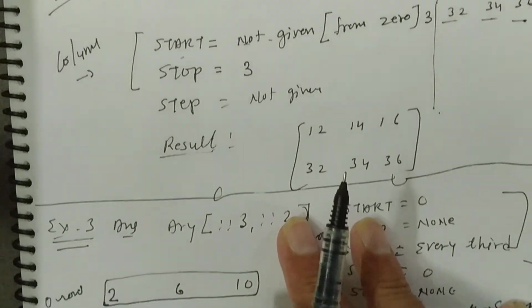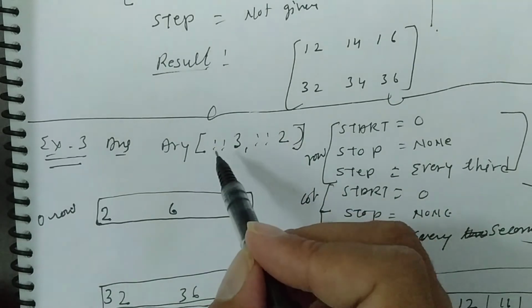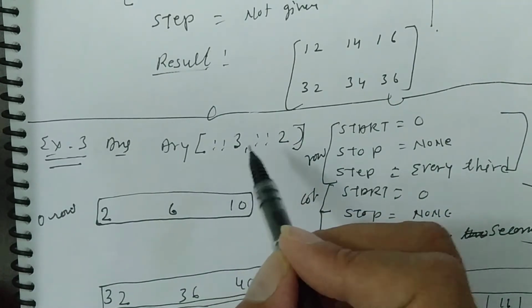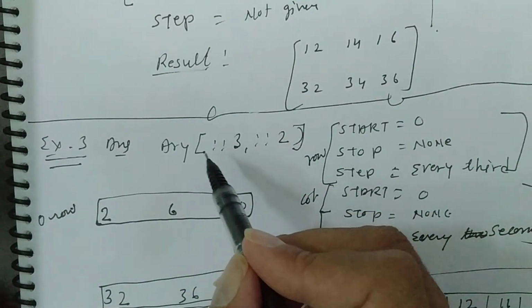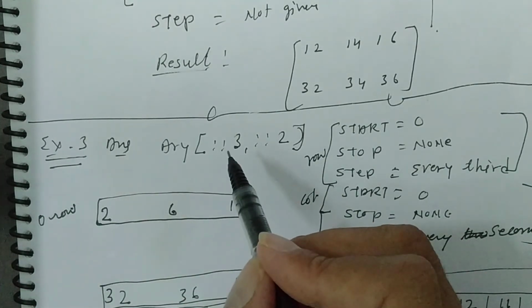Now the next example: array starting is not given, ending is not given, but every third row. If starting is not given, then starting is always 0.